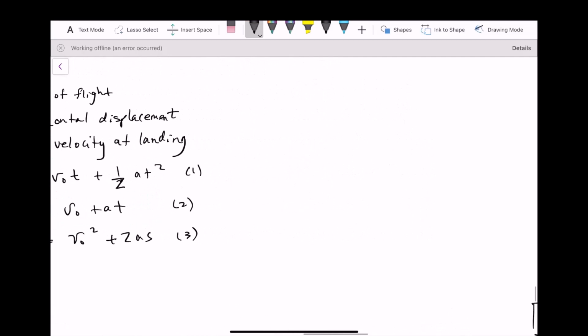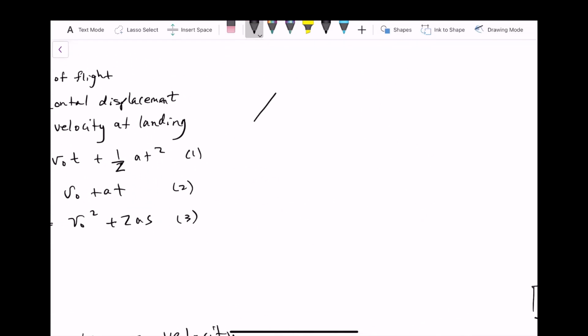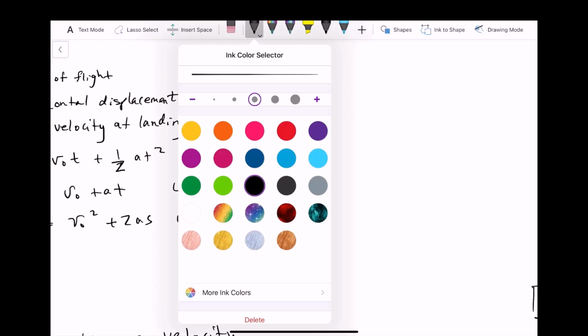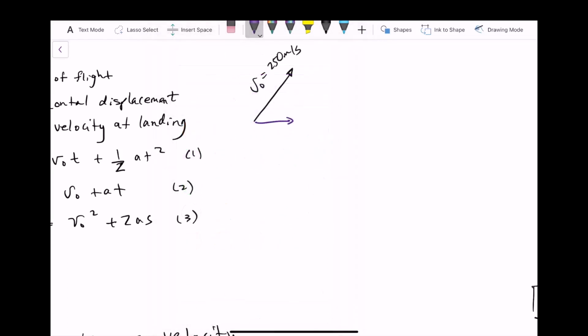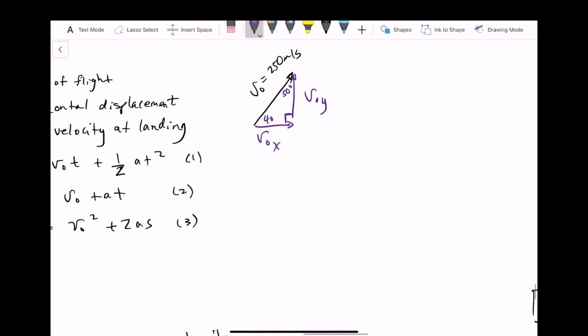So as I did before, I'm going to draw out that initial velocity. So that's v0 is equal to 250 meters per second. And it's helpful just to see those components, right? So v0x and v0y at 40 degrees. And if that's 40 degrees, that means that the upper angle is 50 degrees.